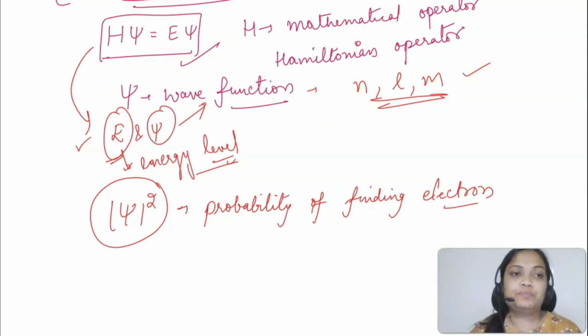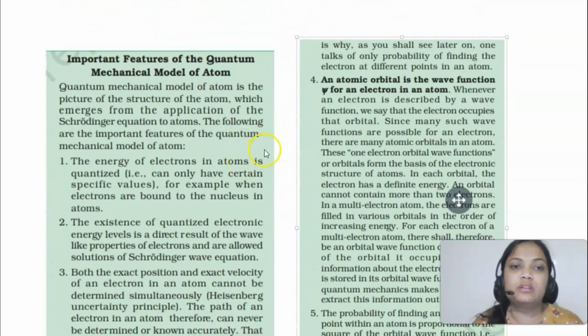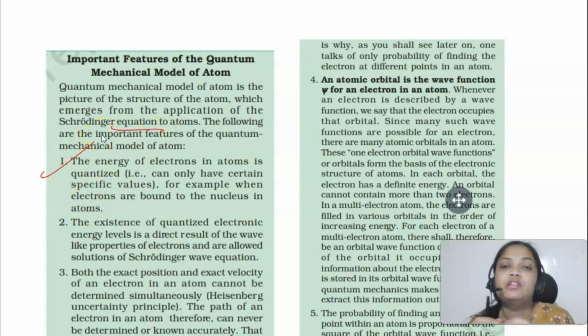Okay, so if I talk about the important features of the quantum mechanical model, you can see, students, that it is a picture of the structure of the atom, which we are getting from the Schrödinger equation. The very first thing is that the energy of electrons in the atom is quantized.